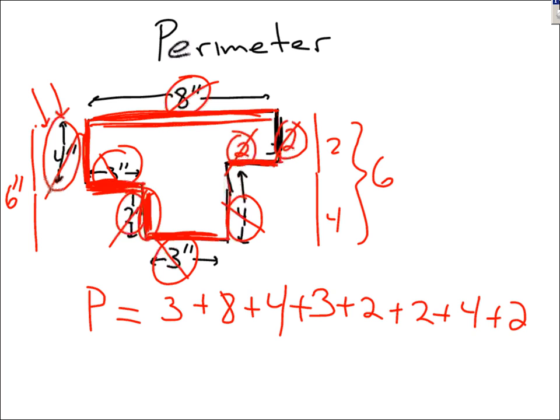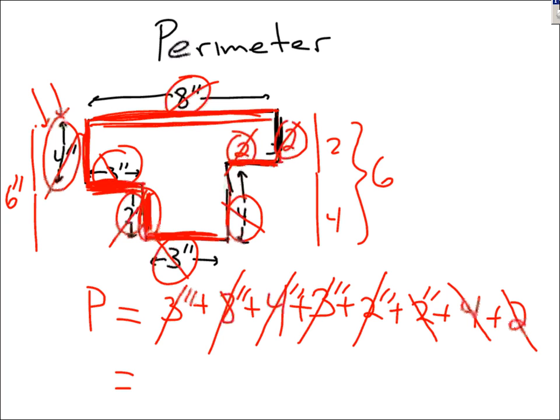12, 15, 20, 24. I get 28. Let's see. I love tens. 8 and 2 is 10. 6 and 4 is another 10. That's 20. 24, 26, 28. And each of these were really inches.